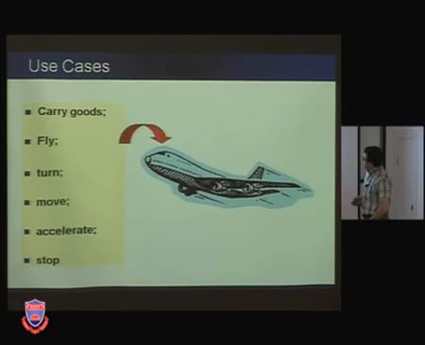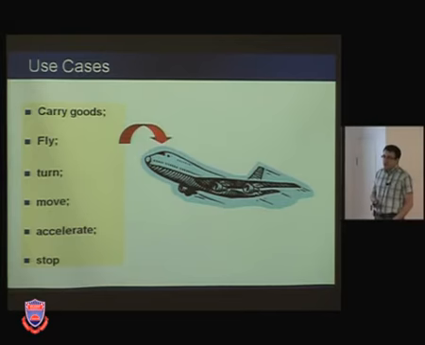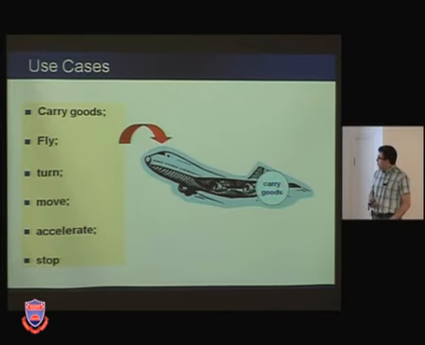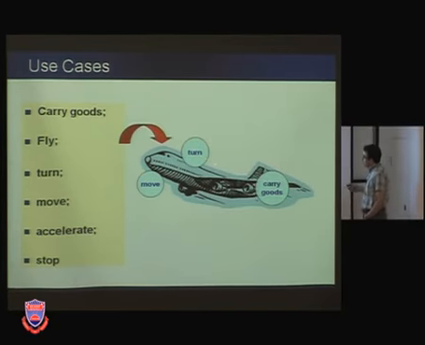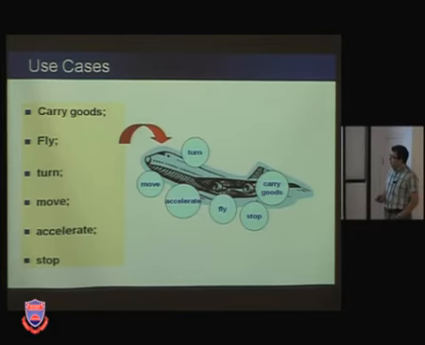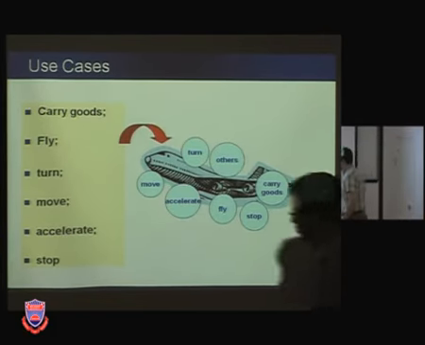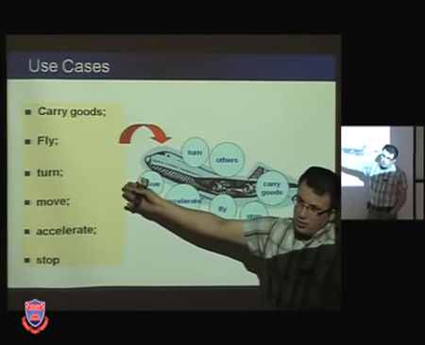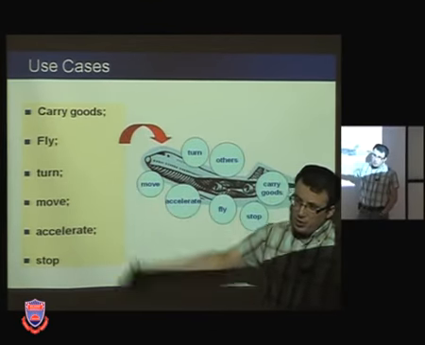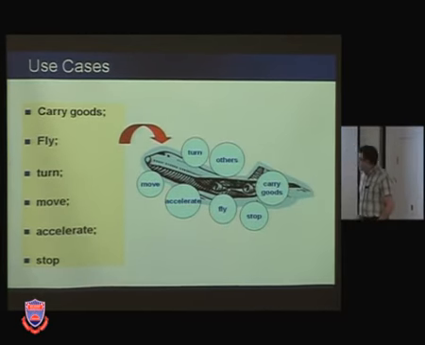These are the use cases, and based on that, we try to define the architecture. So we say, okay, this is carry goods, move, turn, stop, accelerate, fly, and others. The primary source here is, implicitly or explicitly, the use cases.